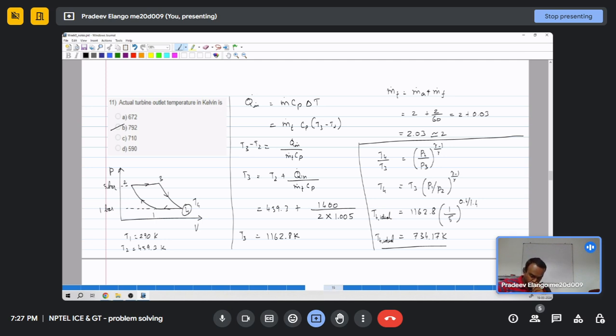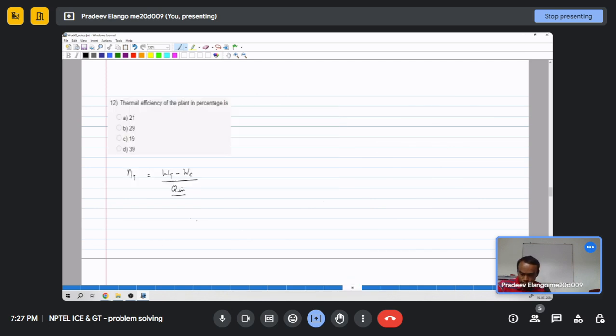So for the turbine work, we have Cp into T3 minus T4. This is m dot A Cp into T3 minus T4 actually.